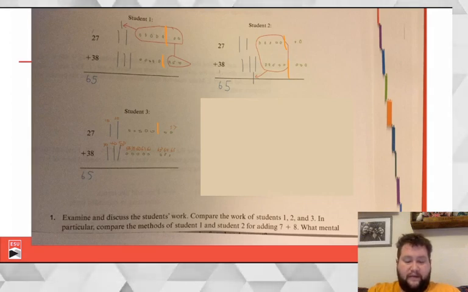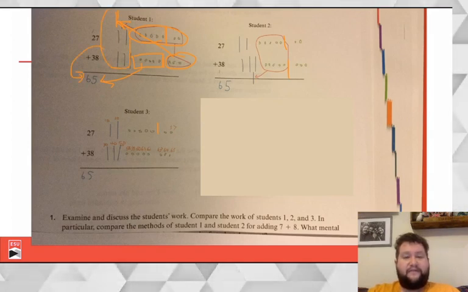And so here they are like, well, 7 and 3 more make 10. So I can circle and rebundle that as a long. And then I have 5 left over. That's my 5 units. And then I have 3, 4, 5, 6 longs, 65.